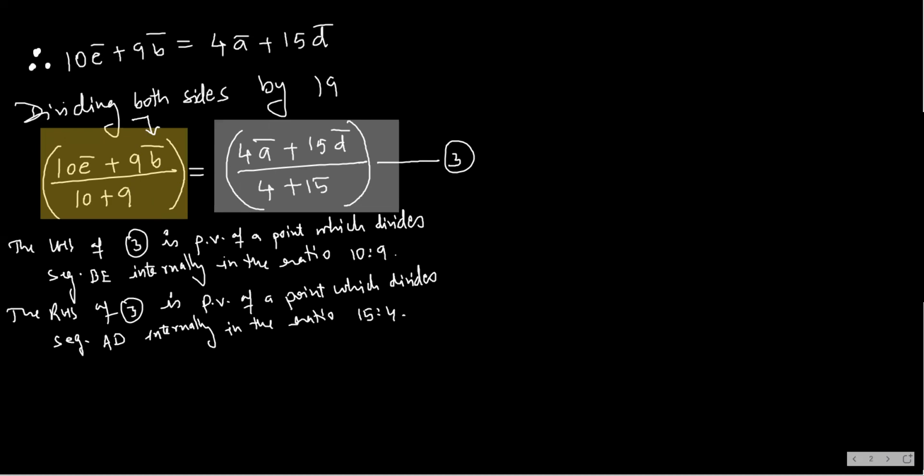That single point is dividing BE. Look at what you wrote. You wrote it divides BE, and you wrote it divides AD. It means this point is dividing both the segments. It means this point is the intersection of BE and AD.